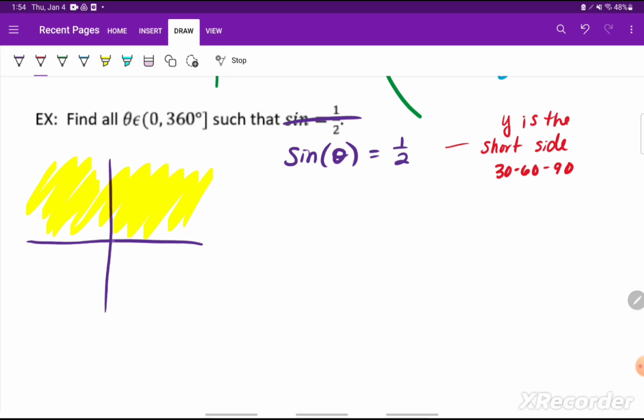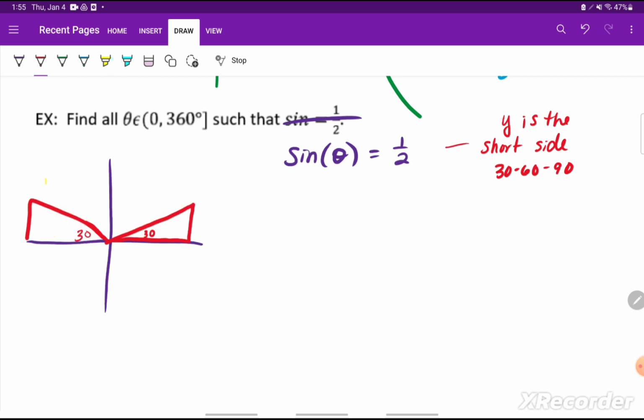That means that x would be the long side, y is going to be the short side, and small angles are across from small sides. That tells me this has to be a 30-degree reference angle. And then I'm going to have the exact same one in quadrant 2. Same 30-degree reference angle.